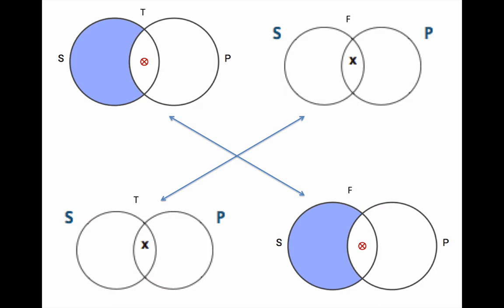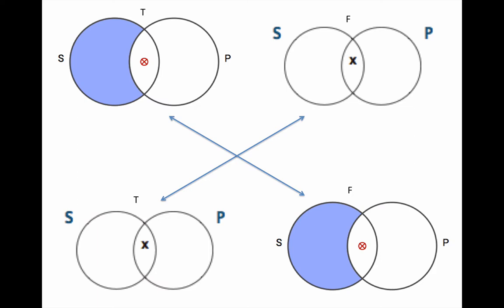Now take a look at the true I proposition. The true I proposition says there is at least one S that's a P. Now look diagonally across at the E proposition, and we see that if the I is true, the E can't be true. It must be false.